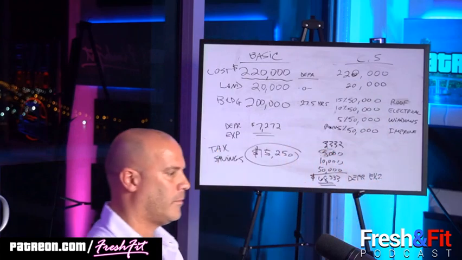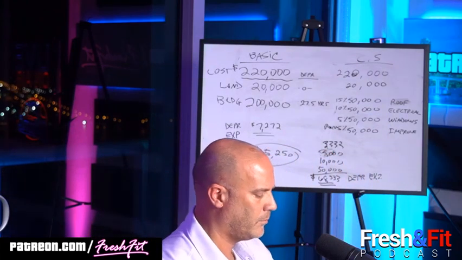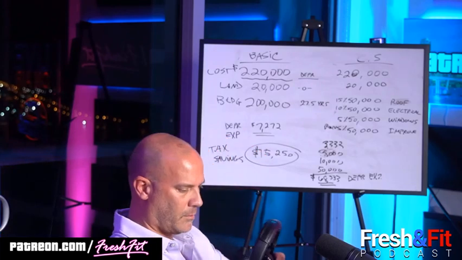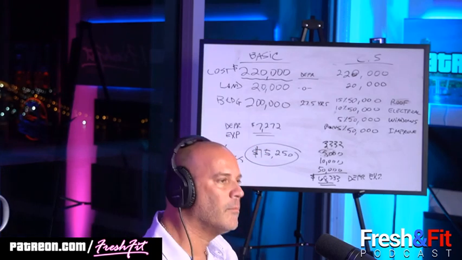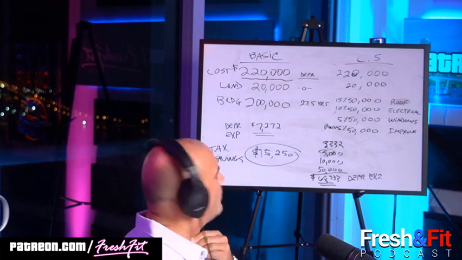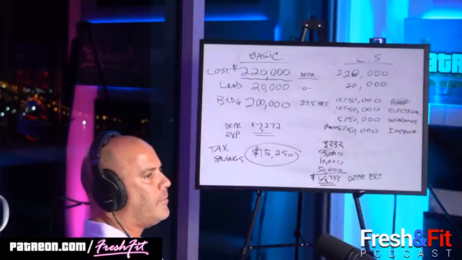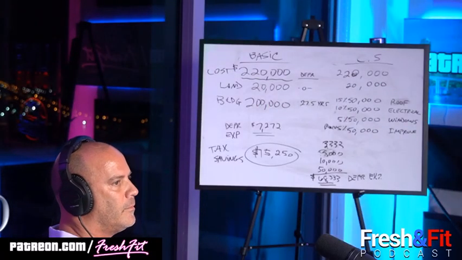So we got all the numbers together, right? So for this scenario, guys, on a home that's $220,000, we'll walk you through it one more time because I want y'all to really understand this, even though I'm terrible at math. So the house, the basics: you're burning the candle at two ends here.